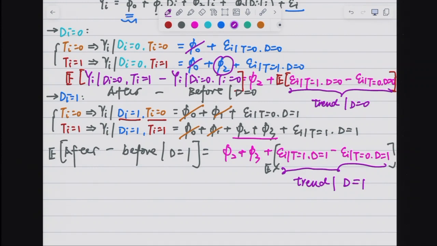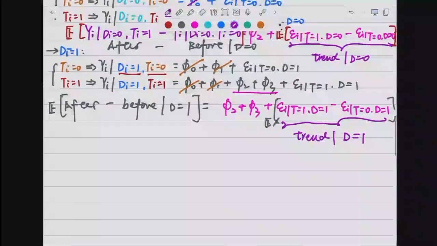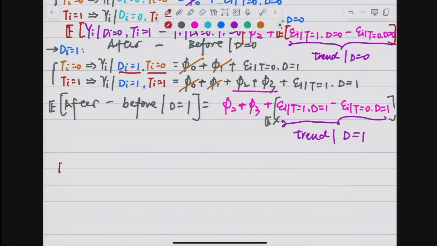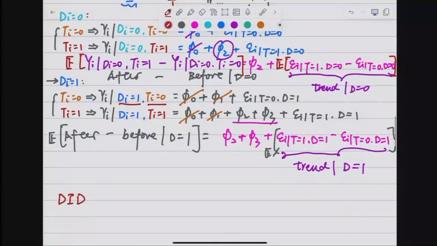Then, how can we find DID? Remember, DID is the difference between the two before-after analyses. Essentially, what we have on the slide is what I'm doing here on my iPad. So, to find the DID, that is basically the difference between these two. We subtract the before-after for the control group from the before-after for the treatment group.